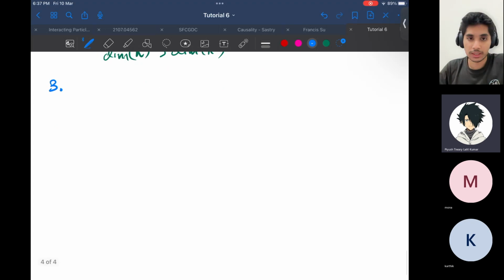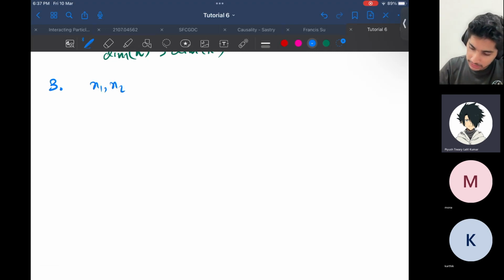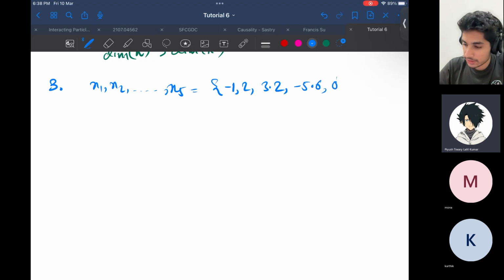Okay. So here is the third question. It says: suppose for one data point we have features x1, x2 till x5, which are given to be -1, 2, 3.2, -5.6 and 0.